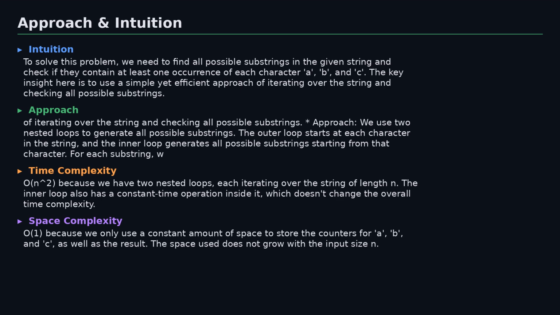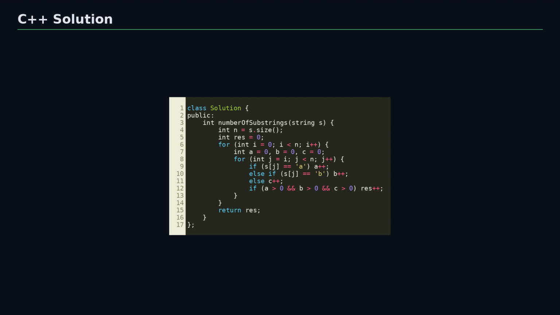The outer loop will start at each character in the string, and the inner loop will generate all possible substrings starting from that character. For each substring, we'll count the occurrences of A, B, and C and increment the result if all counts are greater than 0. It's a simple yet effective approach that ensures we don't miss any substrings.